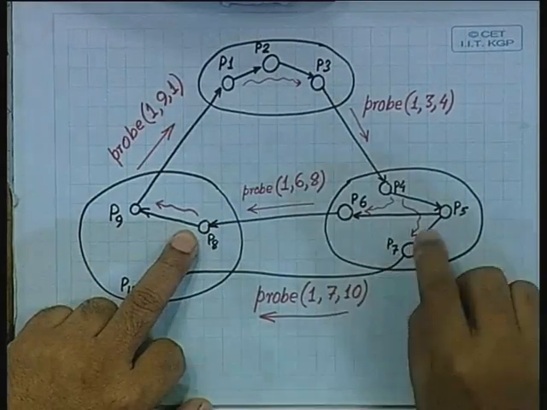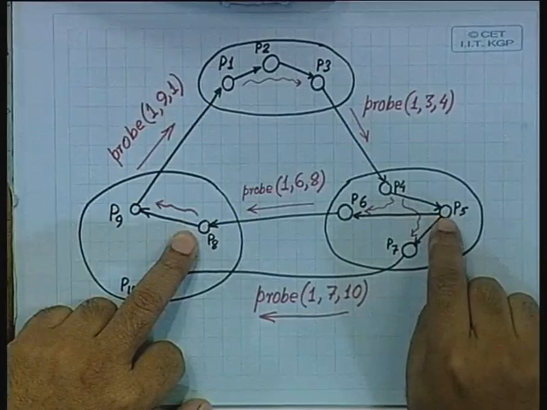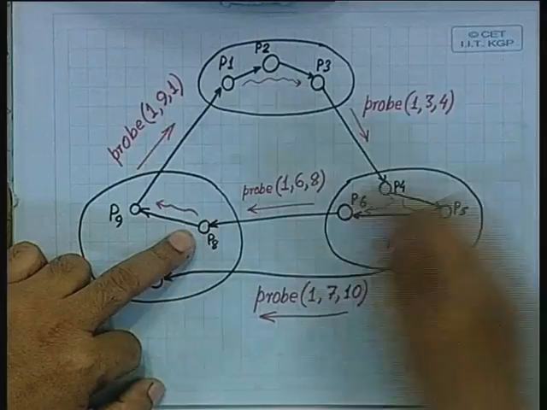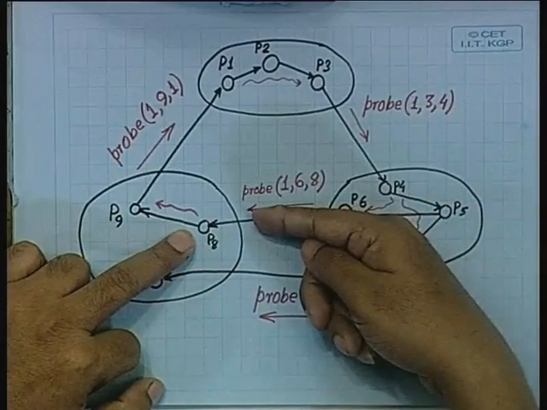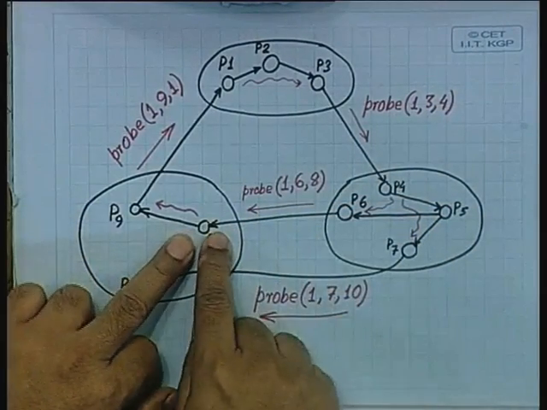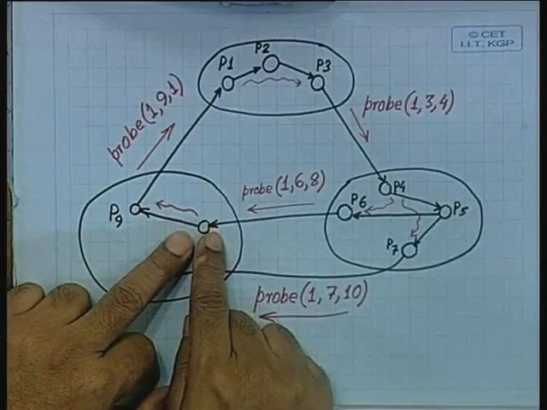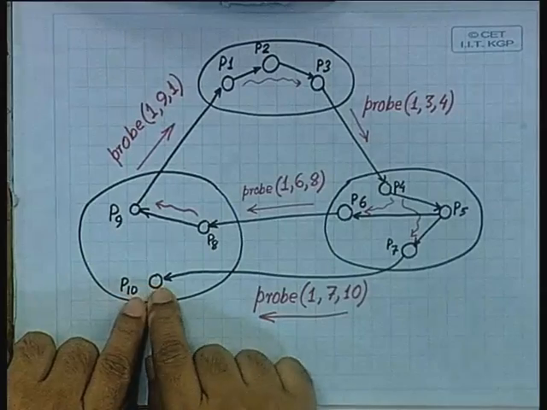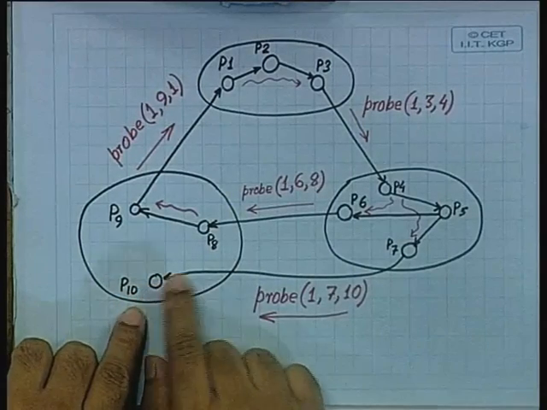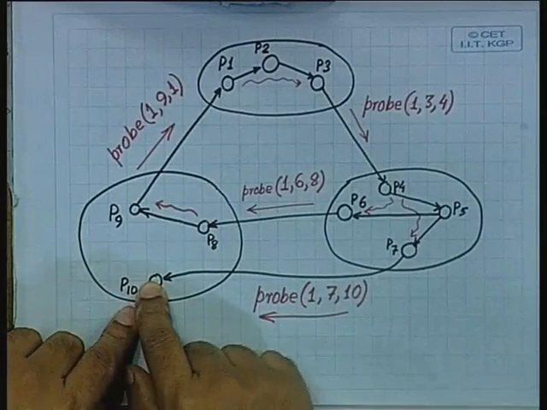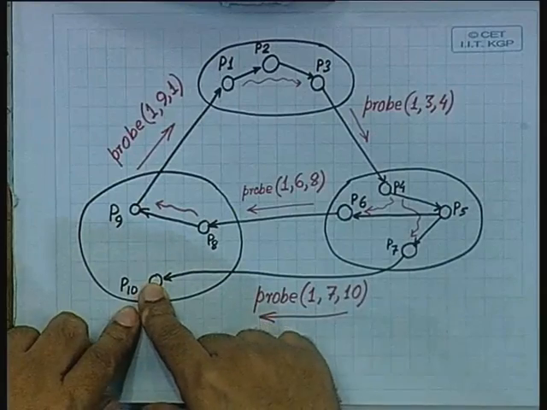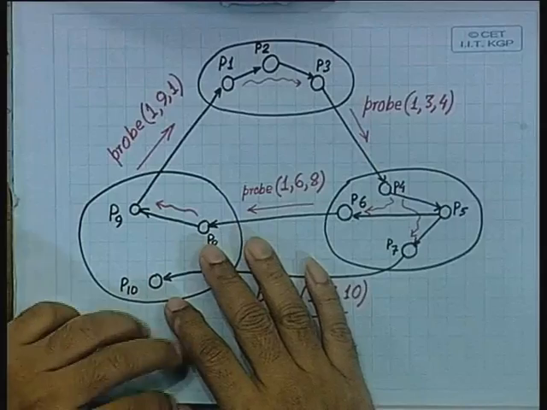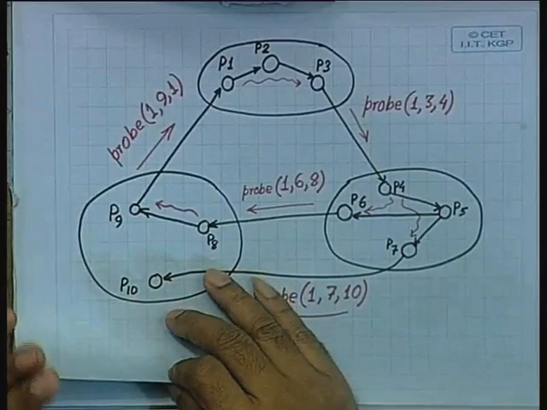So, here for example, there is no hope that P5 will be resolved until P8 and P10 are resolved, right. So, we are just following down those dependencies. Therefore, there is no way that you will detect a false link here, right. And if any of them is not blocked, from there the probe does not propagate anymore, all right. So, that is how it guarantees that the algorithm is correct.